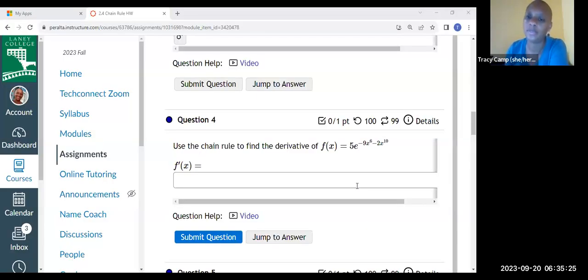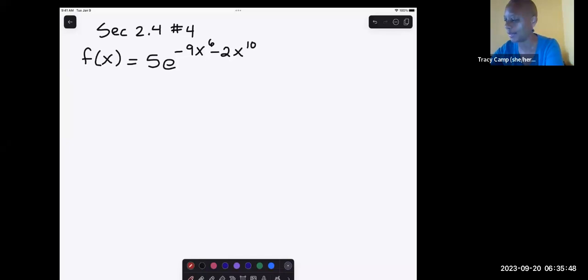So notice for this one, we have e involved. And so you want to remember that the derivative of e to the x is just e to the x. But in this case, we don't have just an e to the x. We have e to a whole bunch of other stuff. So we're about to use the rule that the derivative of e to the x is just e to the x.